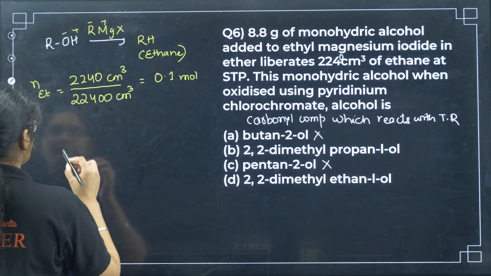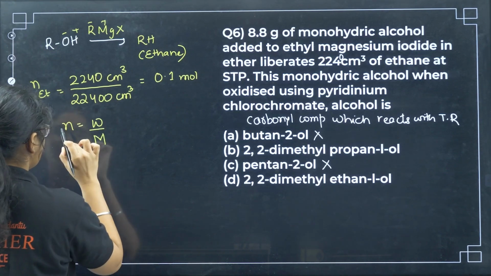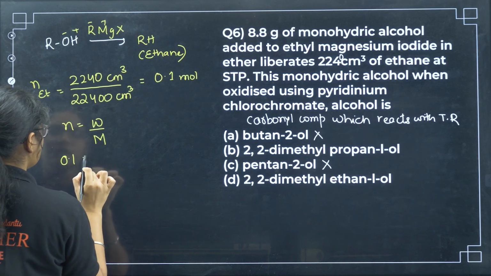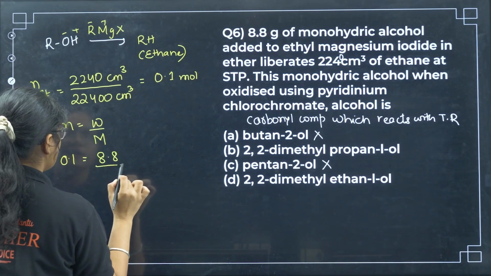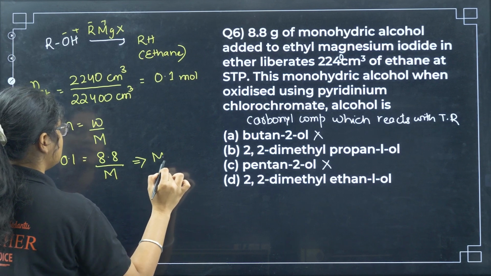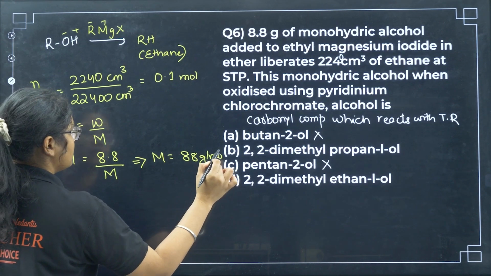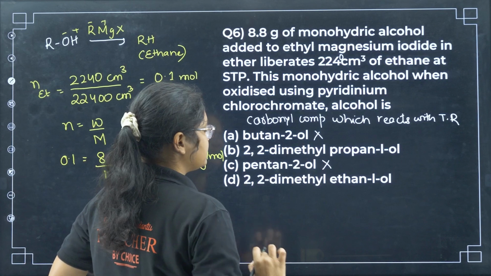Now number of moles is equal to given mass by molar mass. Number of moles is 0.1, given mass is 8.8, so molar mass will be 88 grams per mole. Now we have already eliminated these two options.